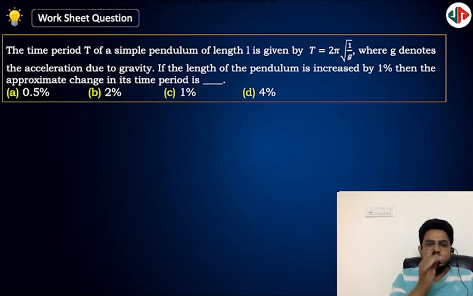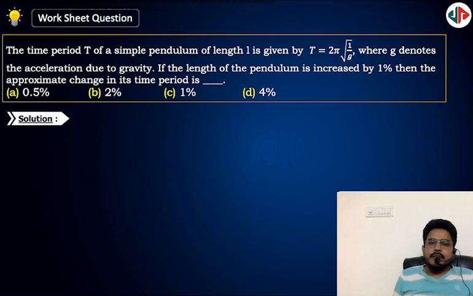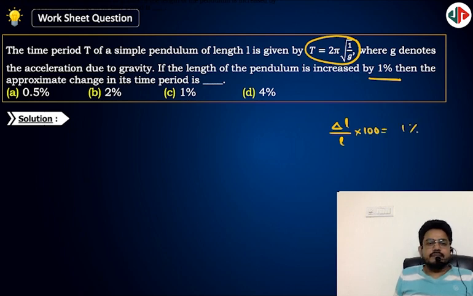Next question: the time period of the simple pendulum is calculated by this formula. They say the error in length is 1%. So change in L by L into 100 is equal to 1%. What is the approximate change of time?